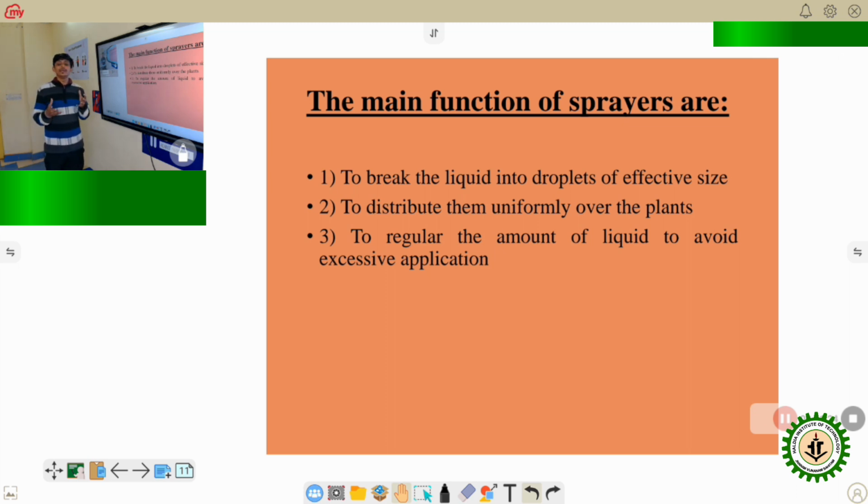It also regulates the amount of liquid to avoid excessive application in the field, which further reduces the losses of fertilizers. So these are the basic functions of the sprayer.